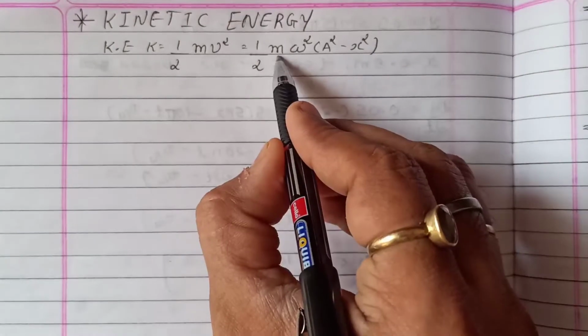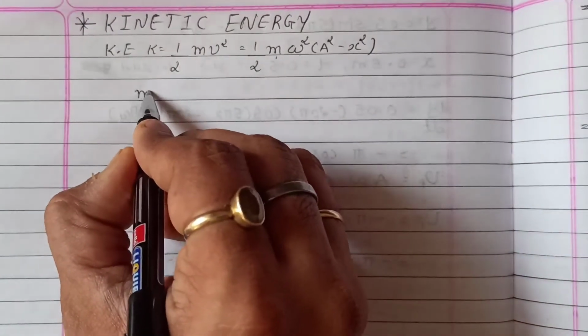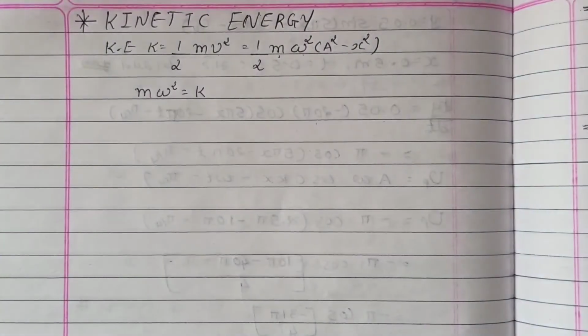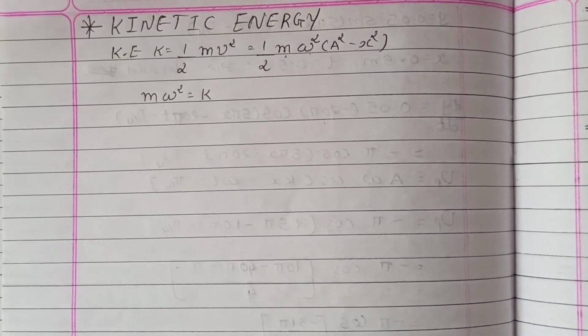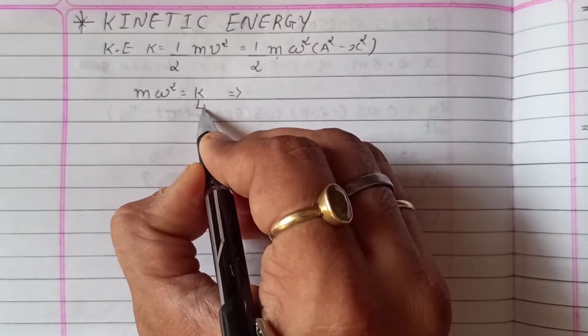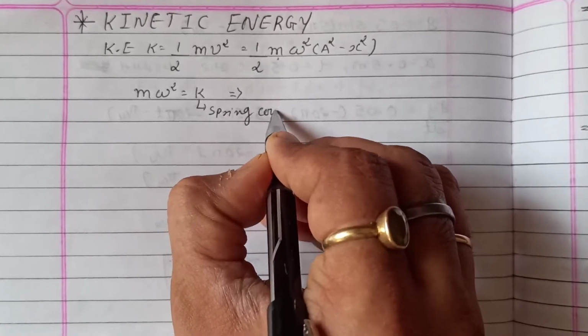And now m omega square is equal to what? We have seen earlier, m omega square is equal to K, the spring constant. This K is not kinetic energy, it is the spring constant.